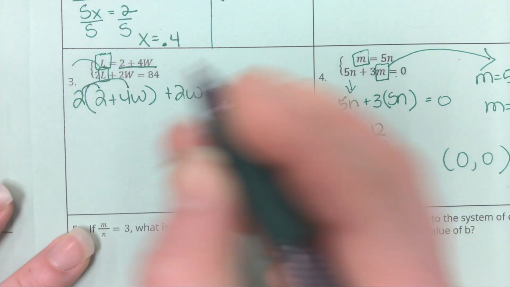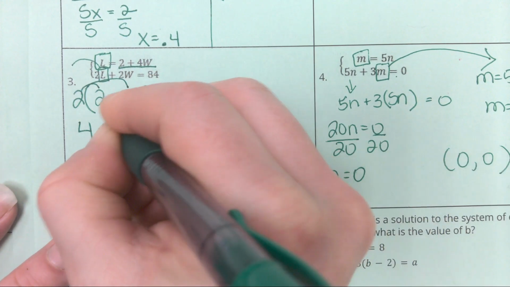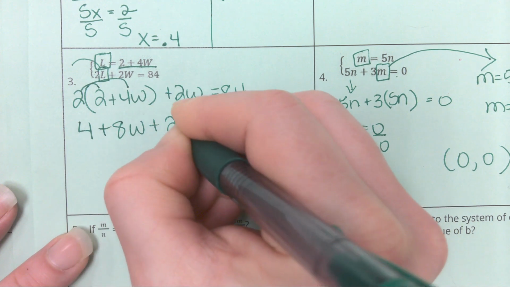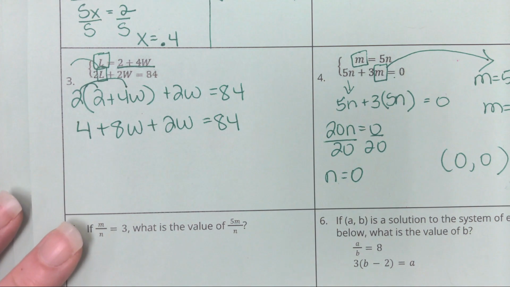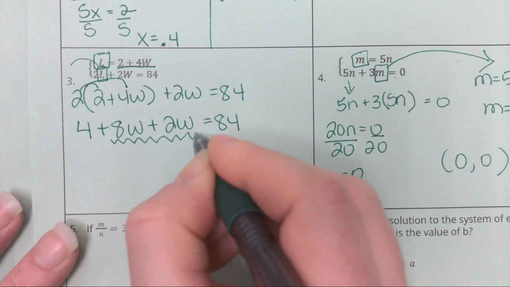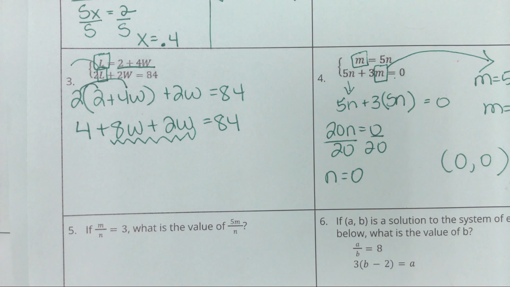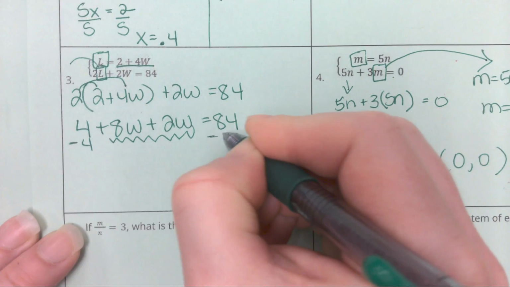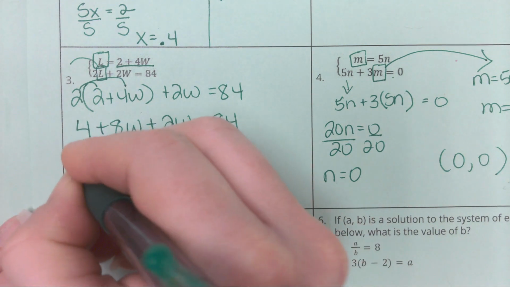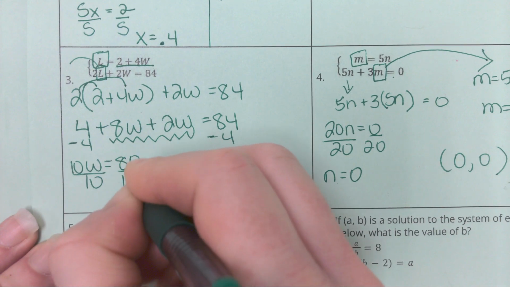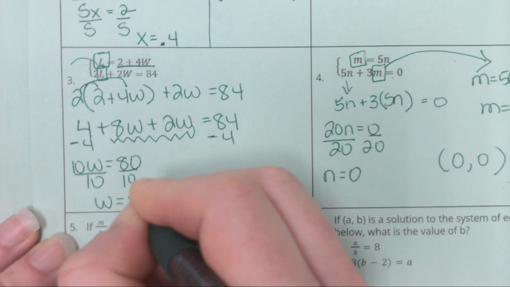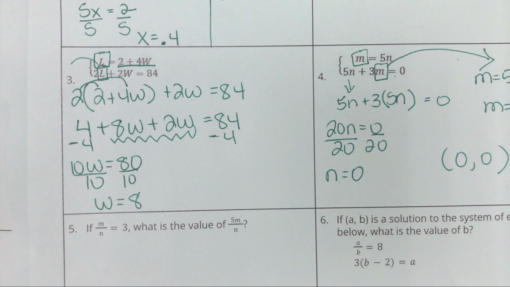Distribute, right? 4 plus 8W plus 2W equals 84. Put these together. Don't try to move them. They're all on the same side already, right? What's 8W plus 2W? 10W. And are we cool with moving this 4 to the other side? All right, so we get 10W equals 80. Divide by 10. W equals 8. Would you go find L a minute for me?